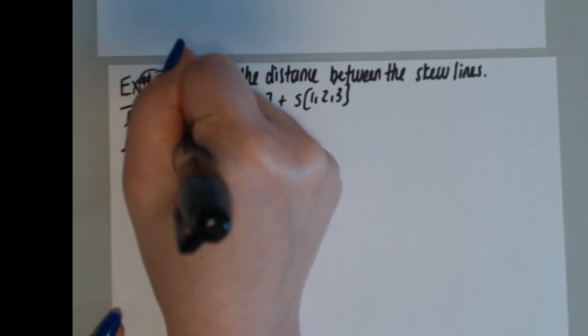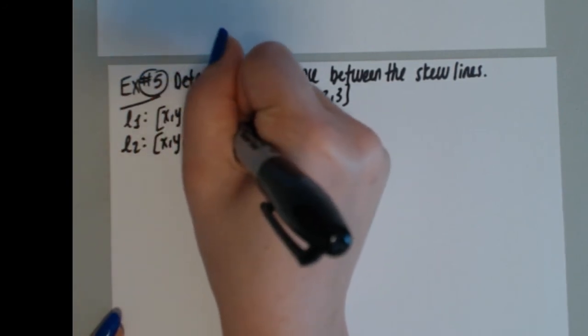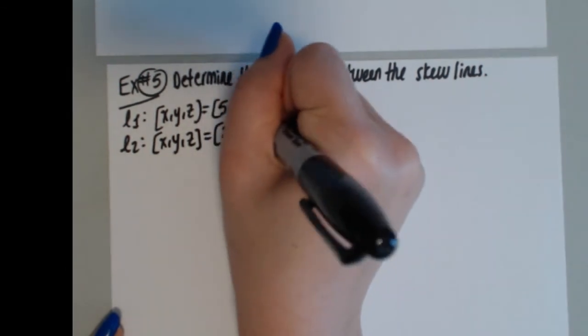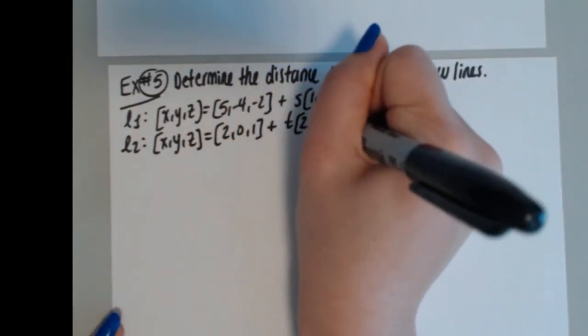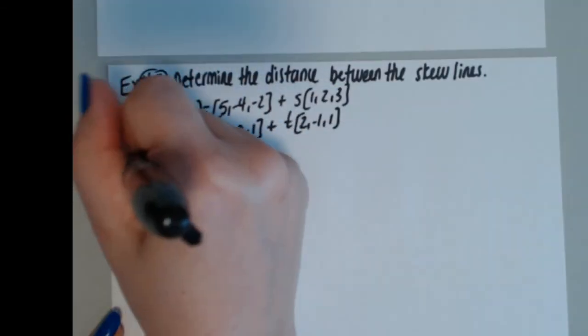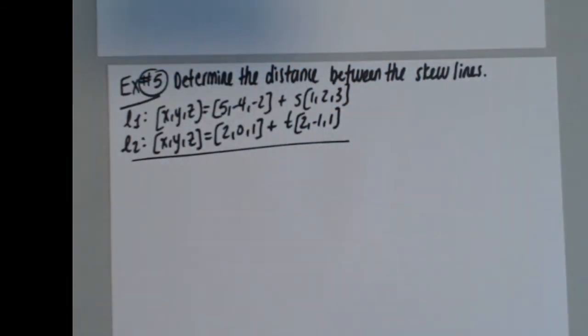L2, x, y, z is equal to 2, 0, 1 plus t times 2, -1, 1. All right, so this is different. We're not looking for a point of intersection, if any. We are looking for distance between two lines.